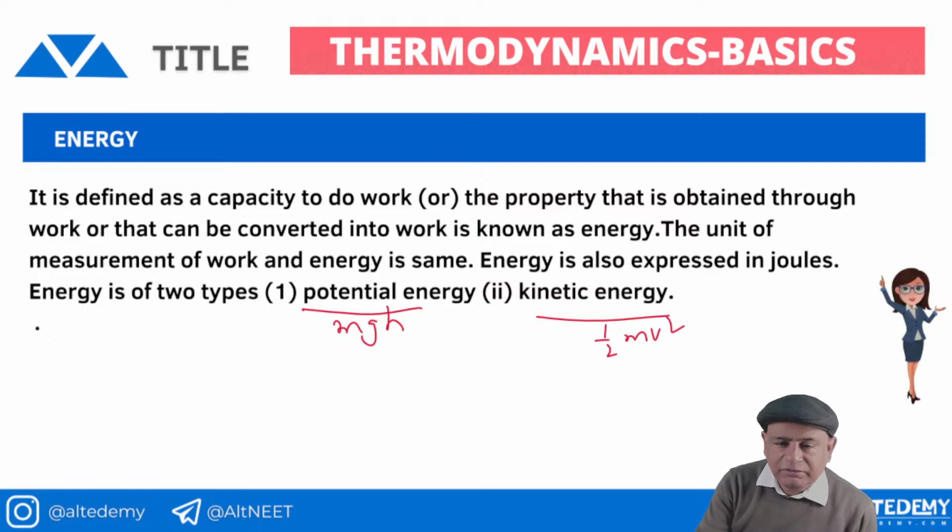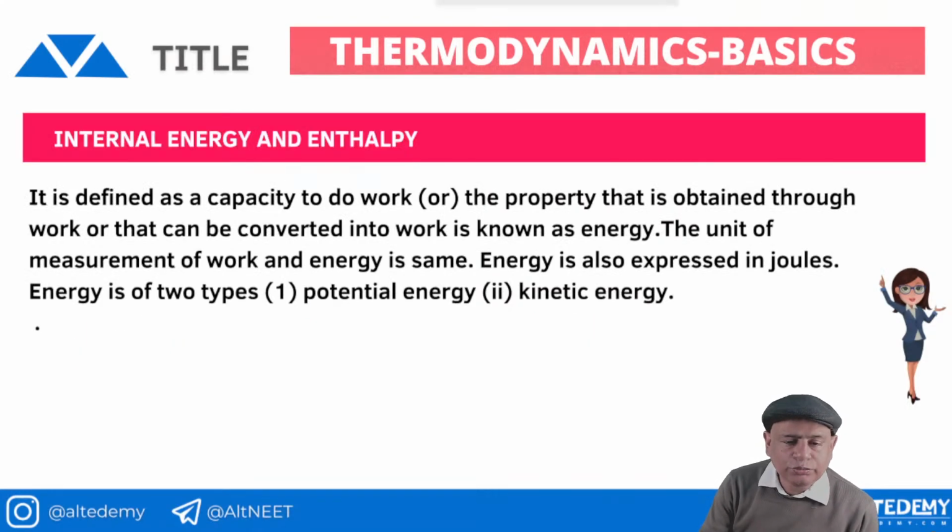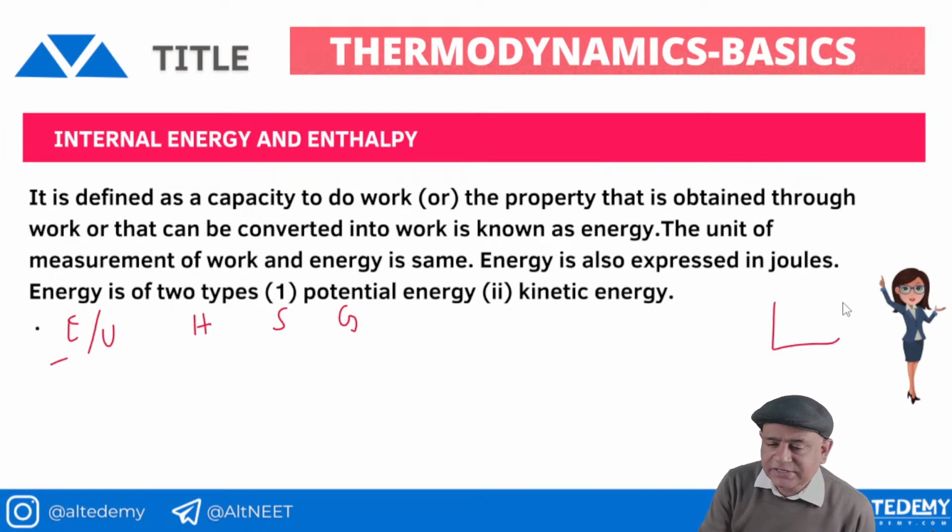And we are basically interested in the internal energy of the system, which we generally denote by E or U. At the outset, you should know that it is just not possible to measure the absolute value of E or U, and for that matter of H, S and G. We cannot measure the exact value of E or U of any system.